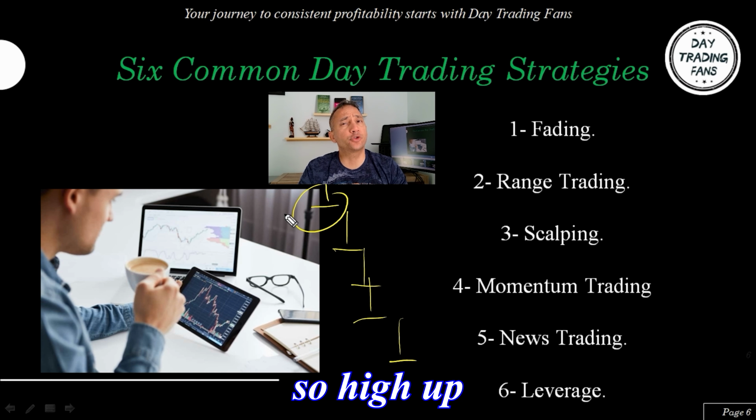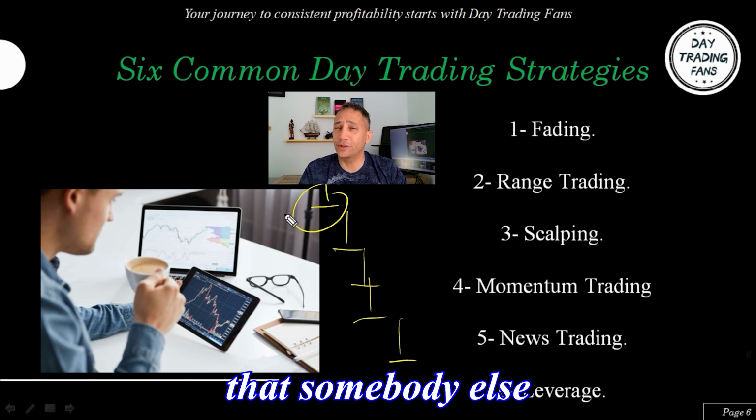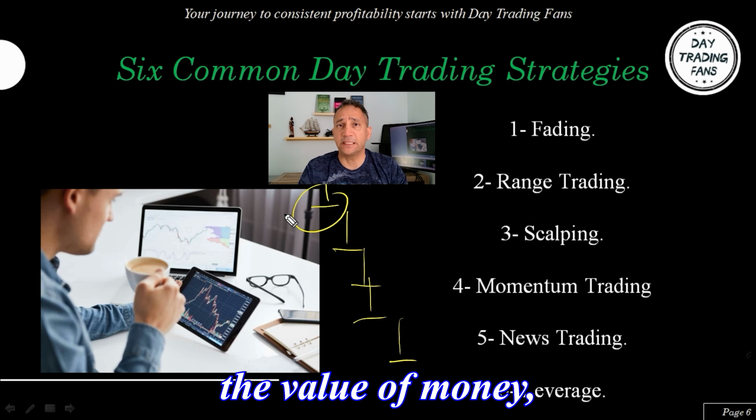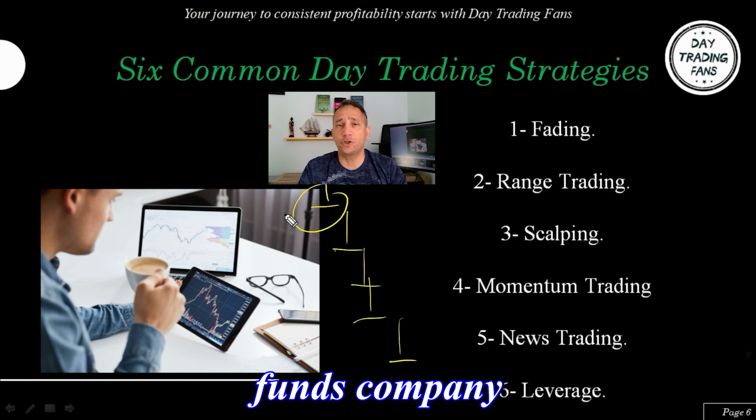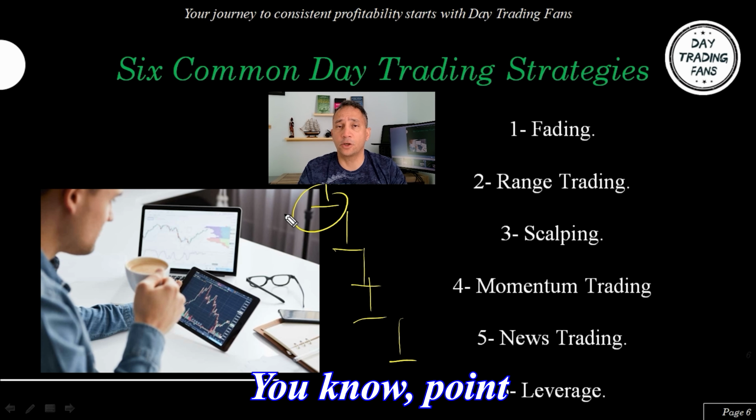So it either goes so high up or so low down, to a degree that somebody else, the value money, the hedge fund companies, come back and say this particular stock is not worthy of being hammered to that level, and this is a good buying point.